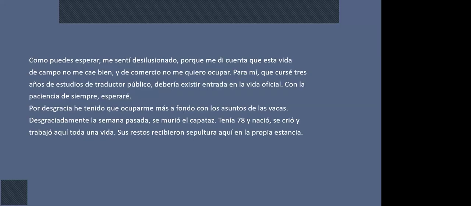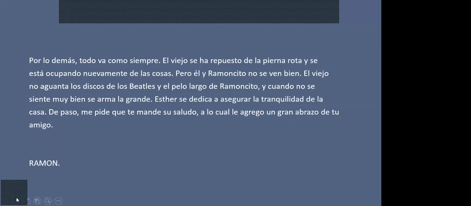So, for example, here: "he tenido que ocuparme más a fondo de los asuntos de las vacas." You see that? That's challenging. And this is how Hispanicisms start going into English, because translating something like this requires paying attention to lots of terms that just don't have an equivalent in English, because the way of thinking, of putting together ideas in English is different.